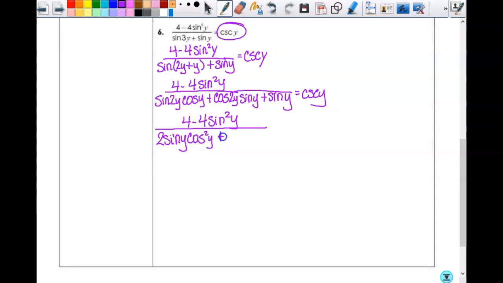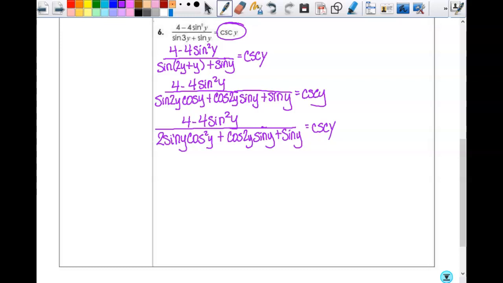Then I'm just going to rewrite the rest. Plus cosine 2y sine y plus sine y equals cosecant y.